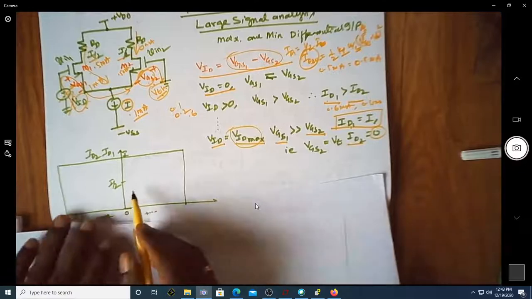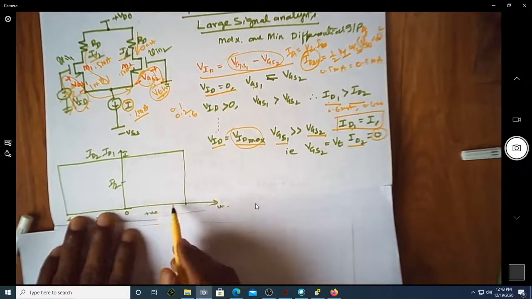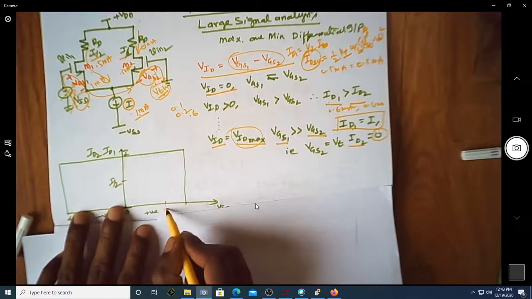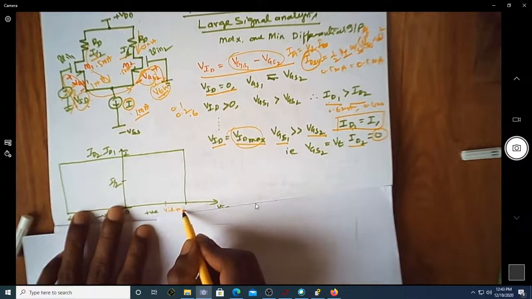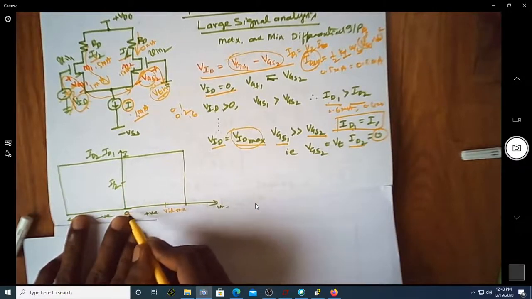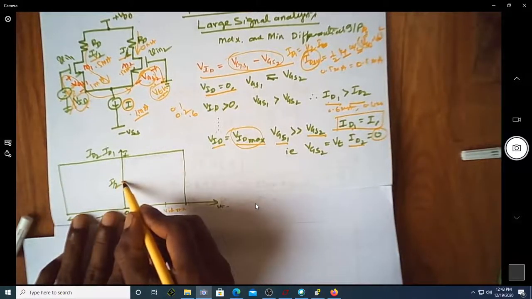Of course, we can see this in the graphical representation also. Assume that this is my VID max. When VID is equal to 0, I will have ID1 equal to ID2, equal to I by 2.